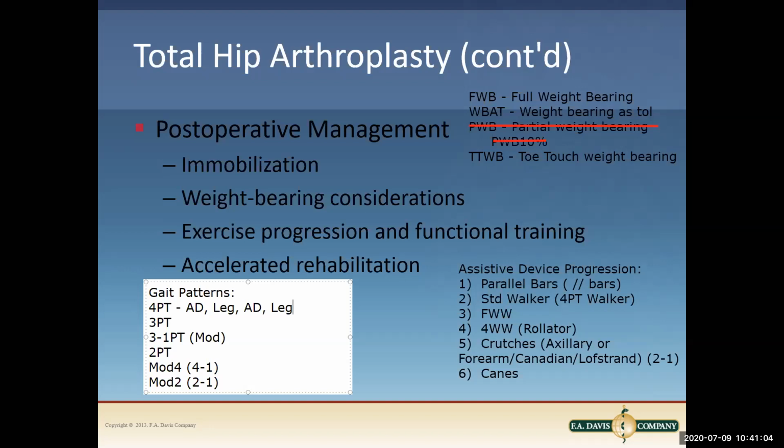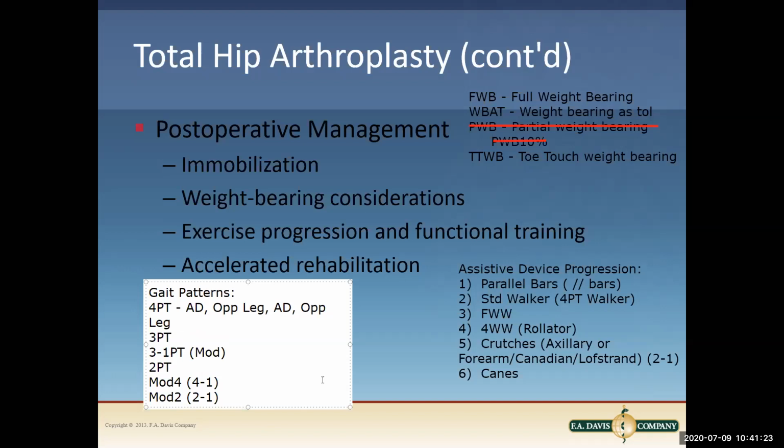Assistive device, opposite leg, assistive device, opposite leg, and you alternate, right?